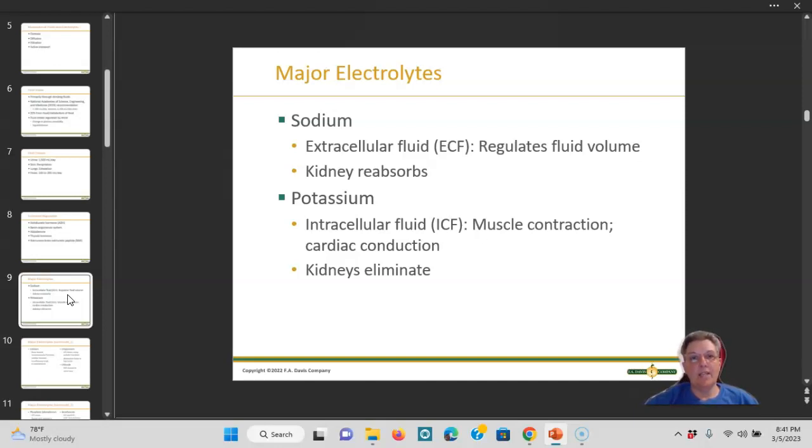If your potassium gets too high, same problems with cardiac conduction, muscle contraction. So a lot of people will say, oh, my potassium's going crazy. How do you know? Because I have restless legs. That may or may not be true, but it's a key thing that muscle contractions do occur with potassium.